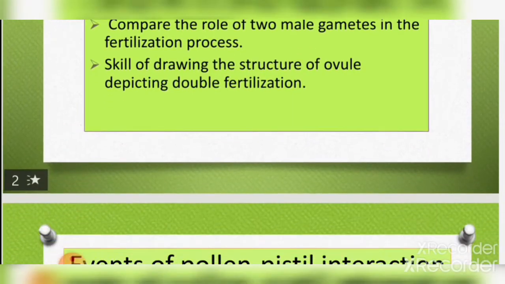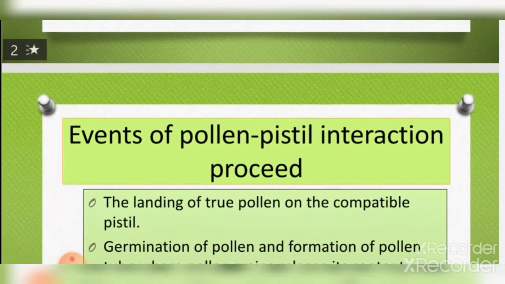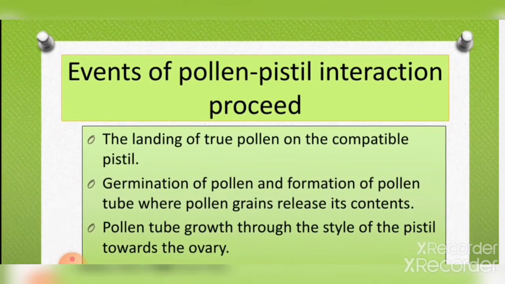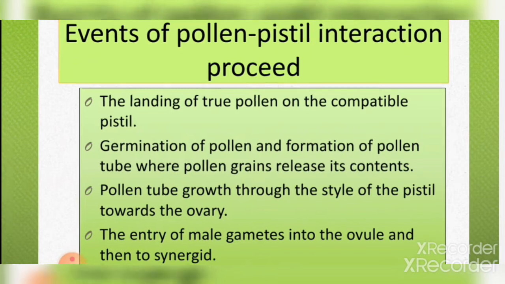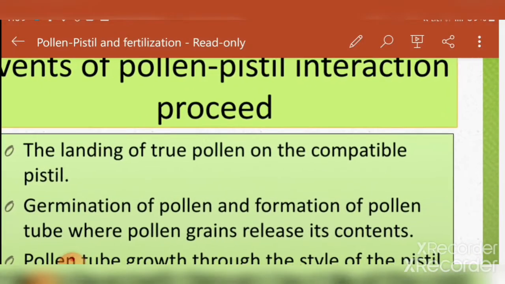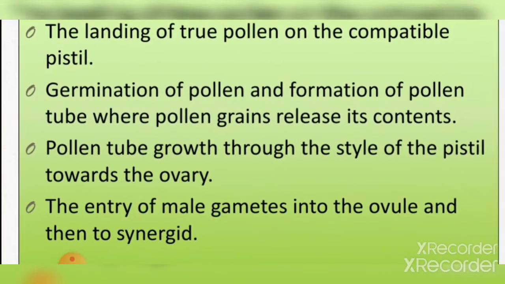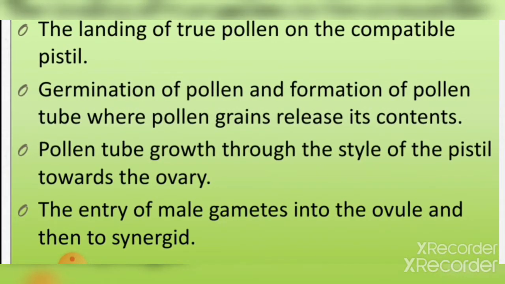Well, children, next one. Now we are entering into the stages. What are the events of pollen-pistil interaction? How do they proceed? The first is the landing of the true pollen on the compatible pistil.